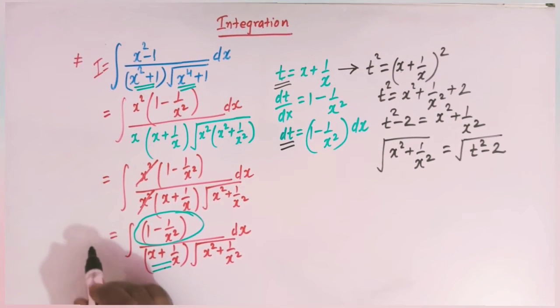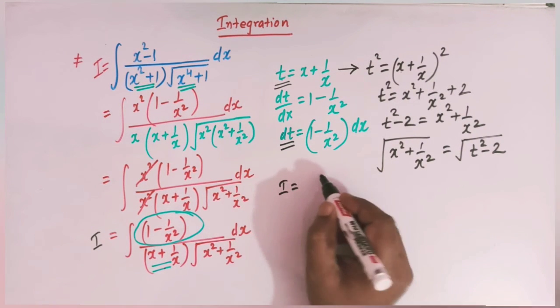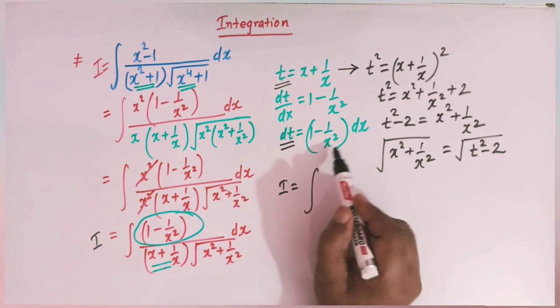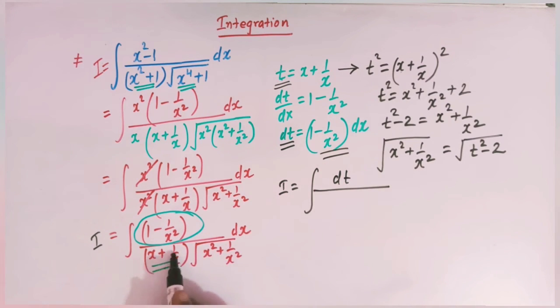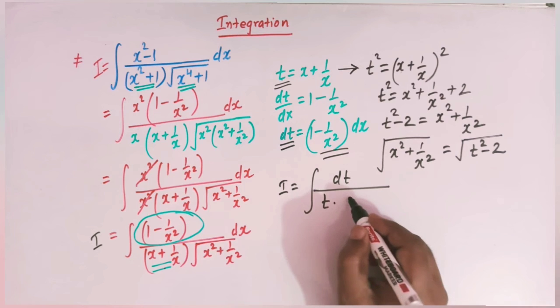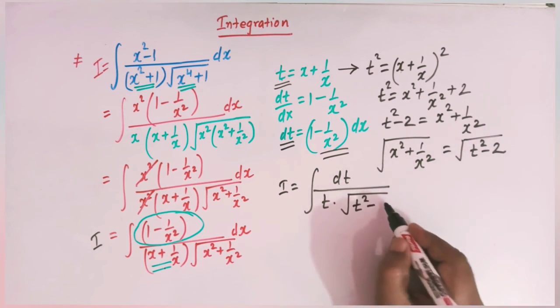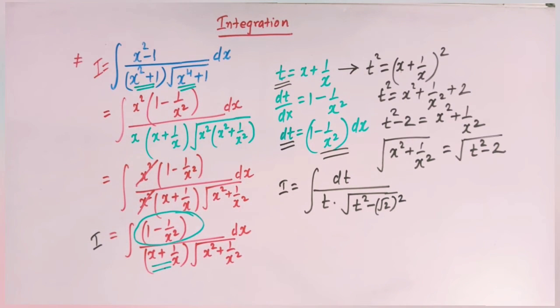So now this integral I in terms of t reduces to: here we have 1 minus 1 over x square dx, for this we can write dt, and in the denominator we have t, and for the square root of x square plus 1 over x square we have the square root of t square minus 2, which can also be written as t square minus square root of 2 squared, right?